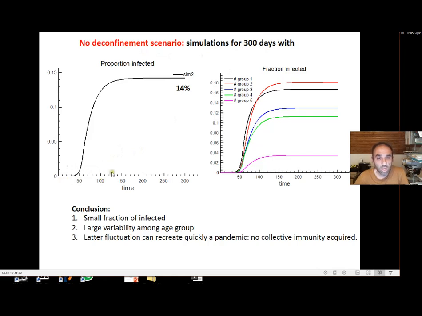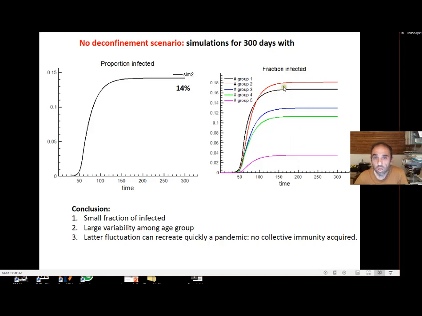You see that after 300 days, the proportion of infected saturates at 14%, although you see a large disparity in the number of infections per group. For example, group 5 has less than 3%, while group 1, which corresponds to the population less than 25, is around 16%.